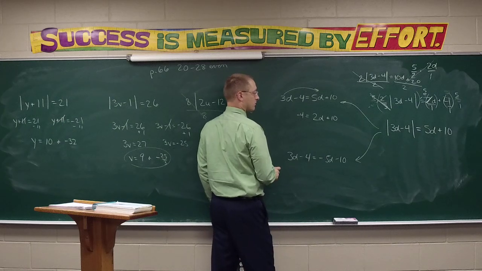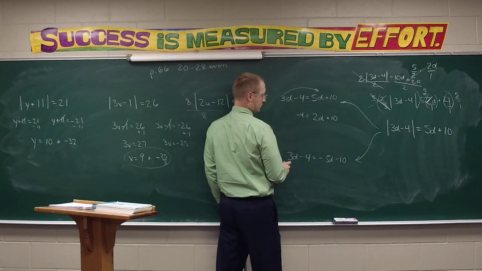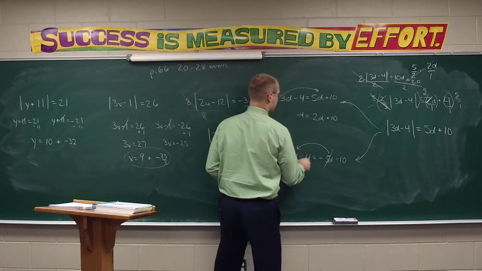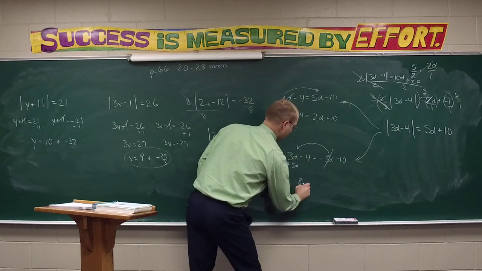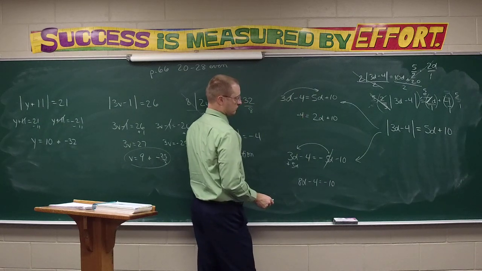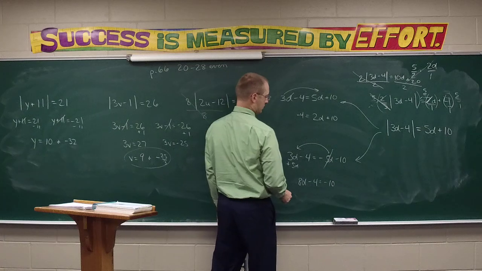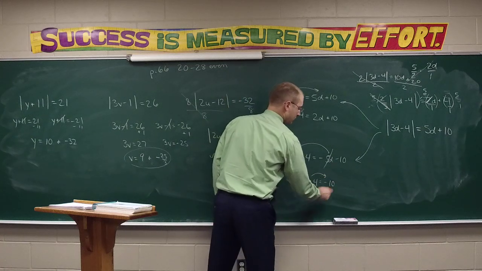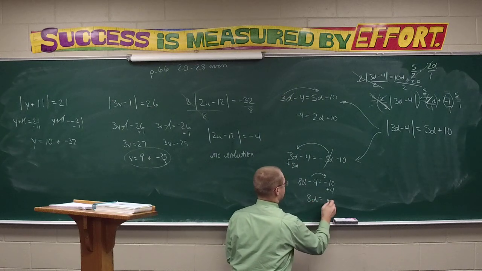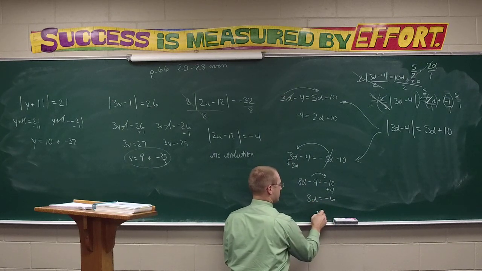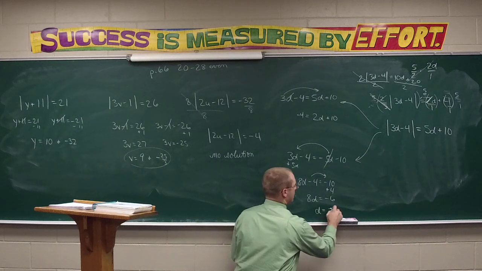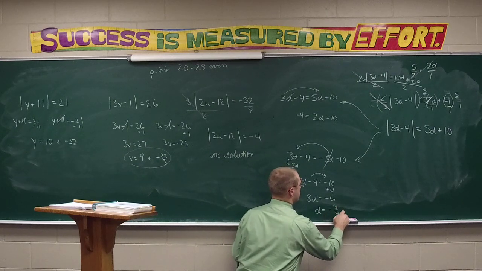And then we bring the 5D over as a positive to get 8D minus 4 equals negative 7. And then you bring the 4 over, 8D equals negative 6. And then you divide by 8 to get negative 3/4. Good, negative 6/8, which reduces to negative 3/4.